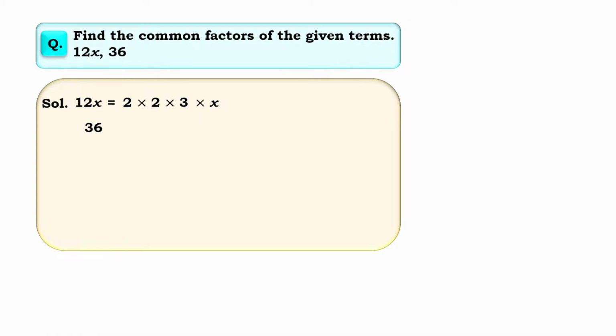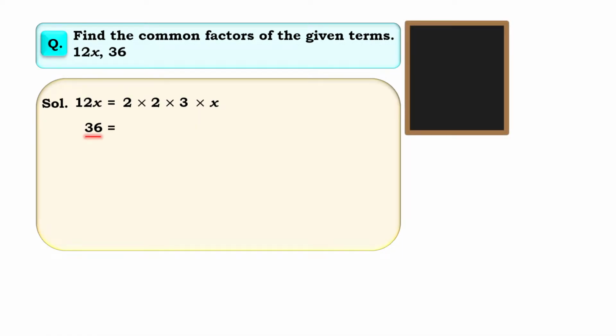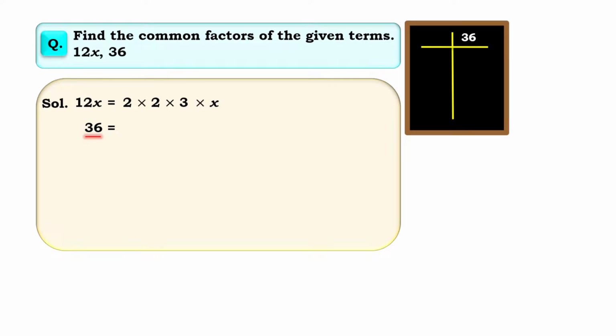Now let us consider 36. What are the factors for 36? What is the smallest prime number which divides 36? Very good, 2. 2 eighteens are 36.